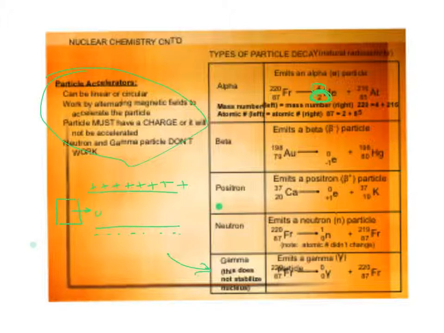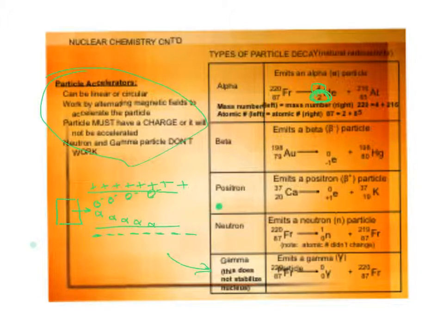They're going to go towards the negative plate of the accelerator. And depending on how negatively charged this is, that determines how fast we can get those particles to move. And then if we have a beta particle, which is negatively charged, it's going to go towards the positive plate.